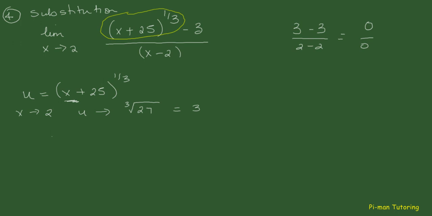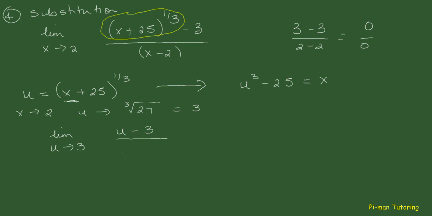So we can rewrite the expression as follows. It's the limit, not as x tends to 2, but as u tends towards 3 of, and on the top we have u minus 3. And now what do we have on the bottom? Well, we need to do a bit of substitution here. If we rearrange this expression for x, so we can cube both sides, so we get u cubed, and then take away the 25 is equal to x.